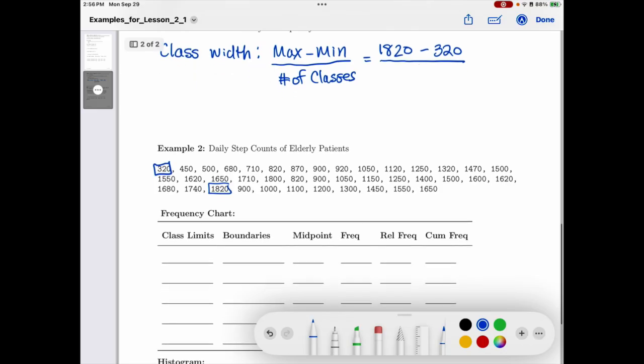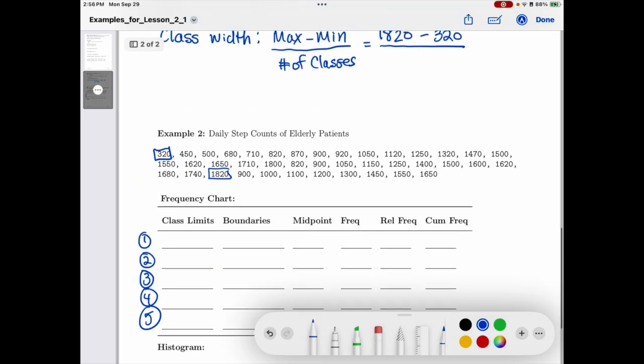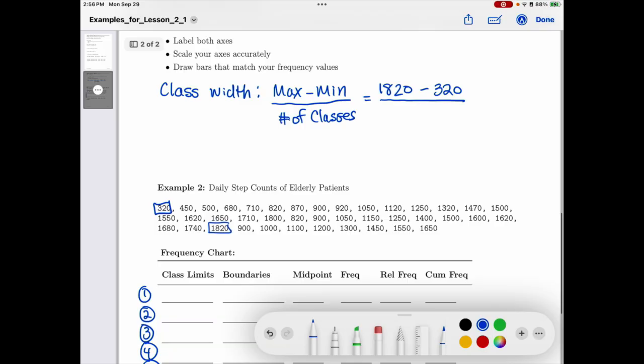Since we want to make 5 classes here, I have class 1, class 2, class 3, class 4, and class 5. So I'm going to divide by 5. Now, when I take 1820 minus 320 and divide by 5, I'm going to get 300.